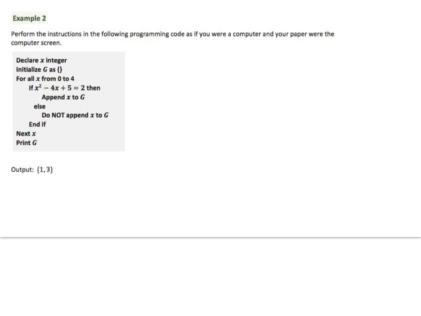All right, let's try another one. Perform the instructions of the following programming code as if you were a computer and your paper were the computer screen. So first of all, declare x an integer. Initialize g as an empty set. For all x from 0 to 4, that means we're going to test 0, 1, 2, 3, and 4.